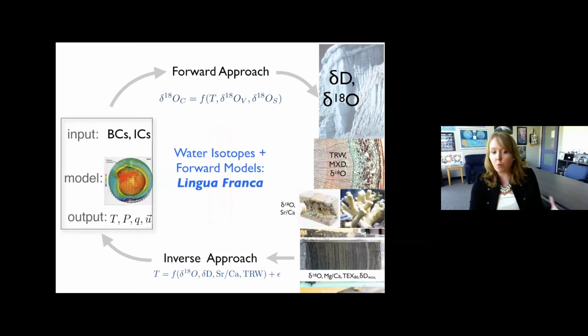And in many ways, water isotopes are really a common language that can help us connect between general circulation models and our proxy archives in many cases, which I'll talk about a little bit later. So I want to basically, in my entire talk today, talk only about this forward approach, where we predict a proxy value as a function of climate.